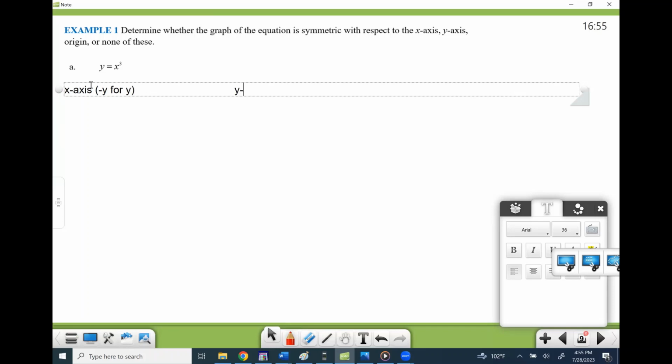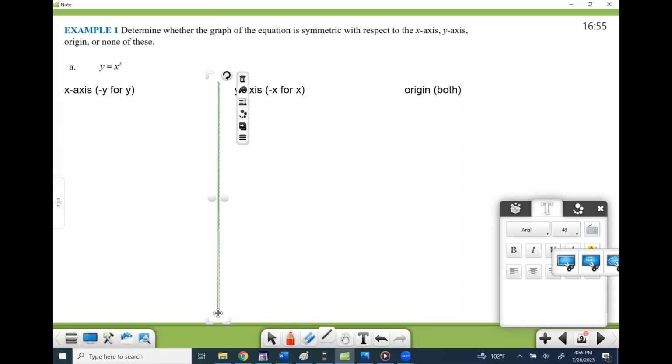Then if we're looking at symmetry to the y-axis, we will put -x for x, opposites. And then if we're looking at symmetry to the origin, we're going to do both. And the key is, you always want to ask yourself, does it match the original? That's going to be what we ask every time.